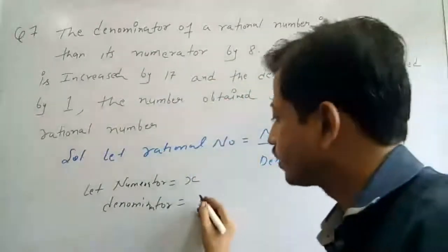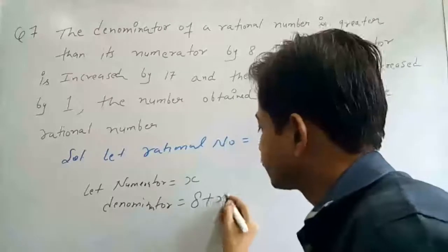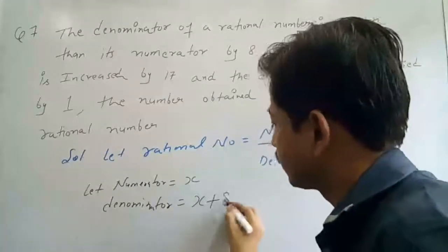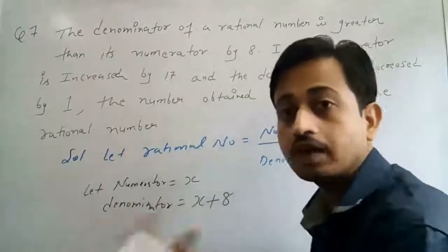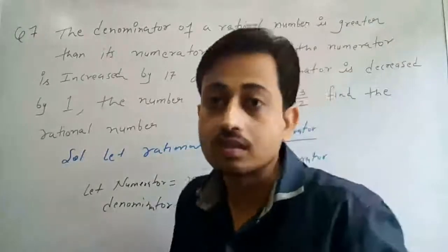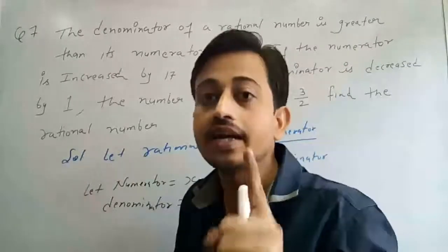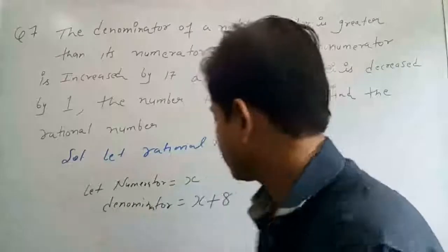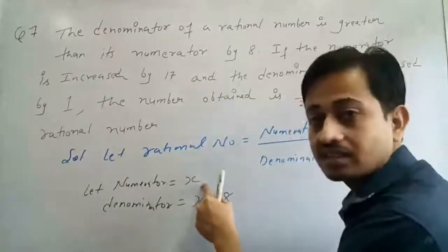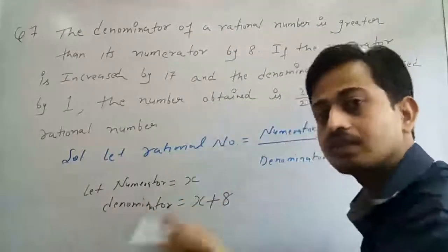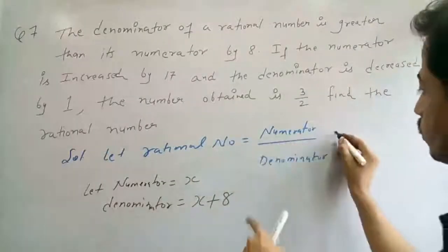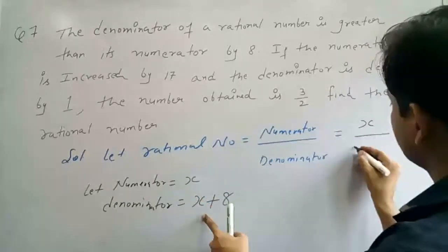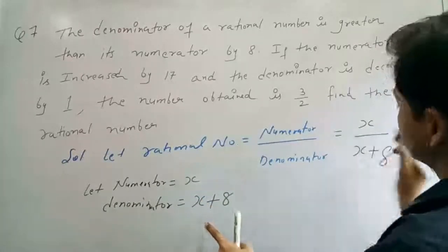It means the denominator is x plus 8. Suppose I have 2 rupees and you have 8 rupees more than me. Then what do you have? 8 plus 2 is 10. Same here. The numerator is x, so the denominator will be x plus 8. So the numerator is x and the denominator is x plus 8.